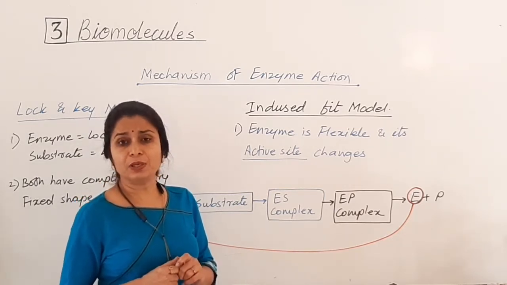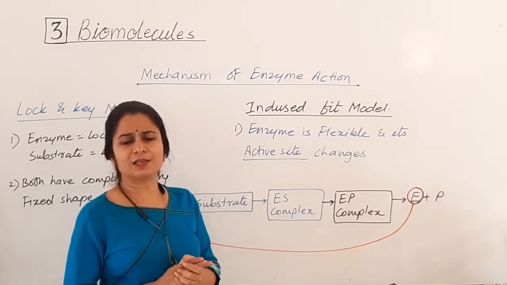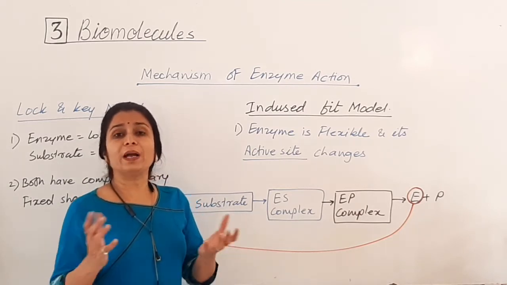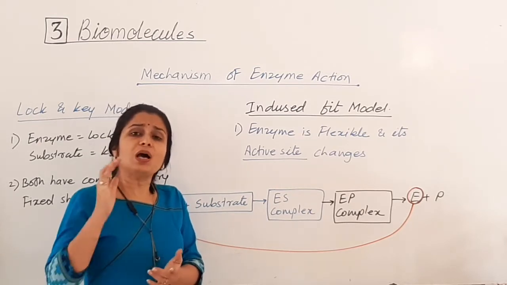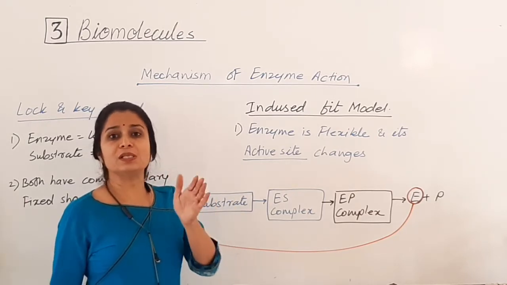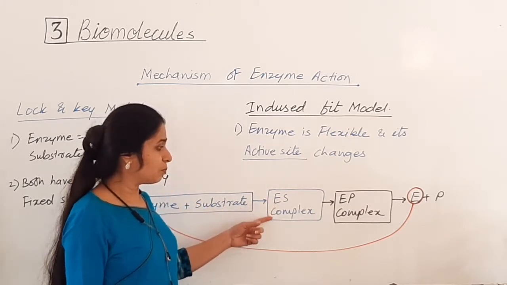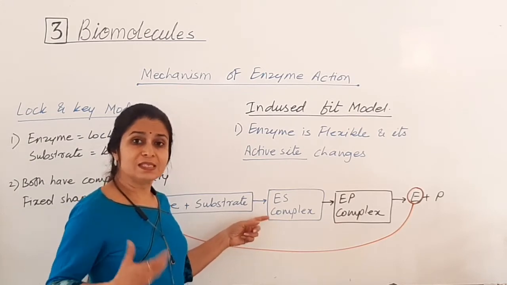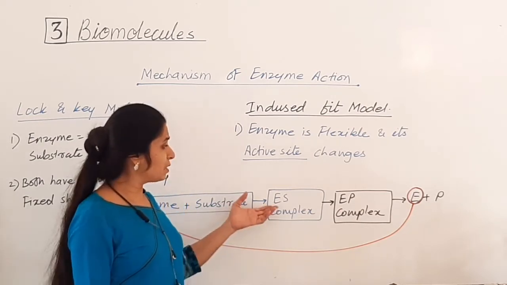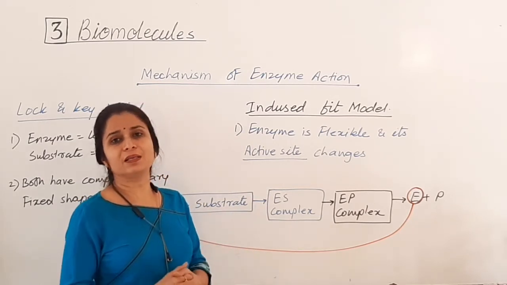Okay, in presence of enzyme, the energy of activation which is required for a substrate reduces drastically. अगर एंजाइम नहीं है और आप चाहते हो कि केमिकल रिएक्शन में पार्टिसिपेट करे, तो आपको उसको एक्टिवेट करने के लिए जो एनर्जी लगती है उसका अमाउंट अगर हम एंजाइम के प्रेजेंस में लगने वाली एनर्जी से कंपेयर करेंगे तो there is a huge difference. So enzyme reduces the energy of activation for that particular substrate, right? So see, enzyme forms a complex, enzyme activates the substrate, enzyme reduces the activation energy, enzyme makes the raw material active so that it participates in the chemical reaction.